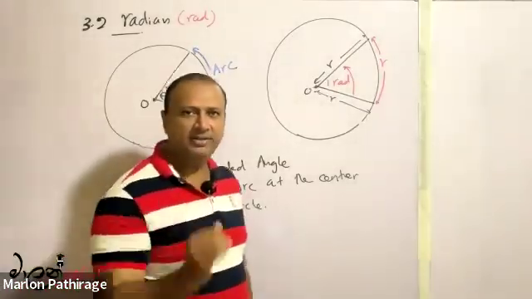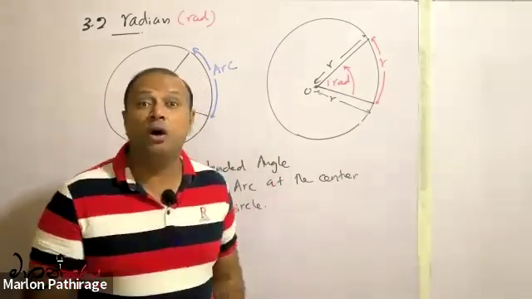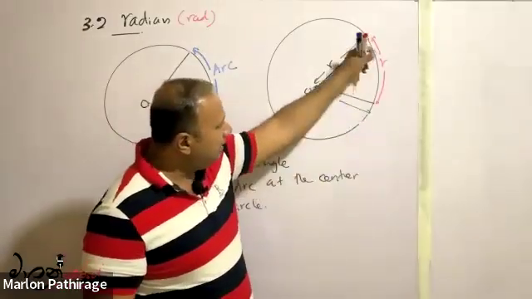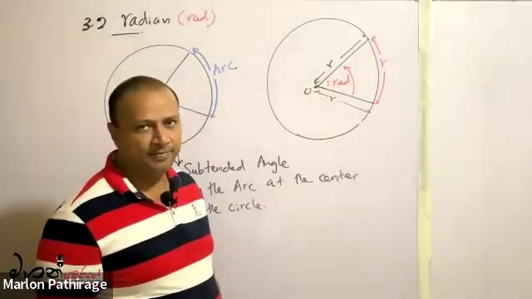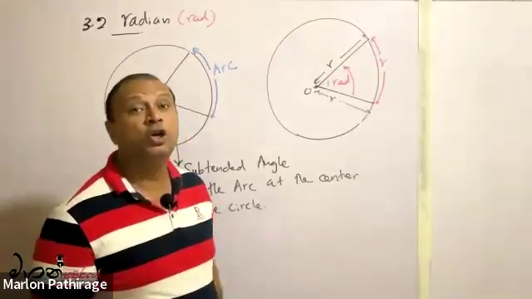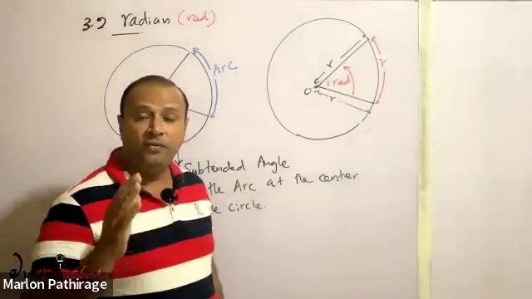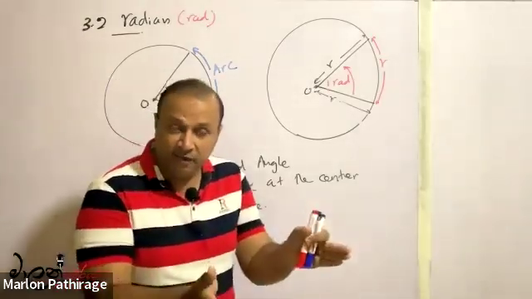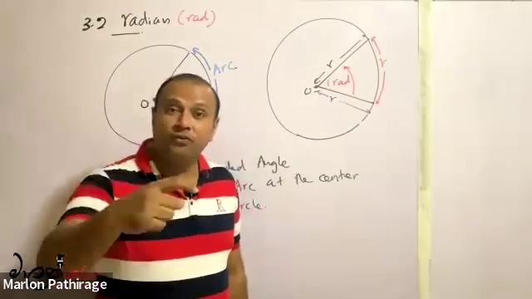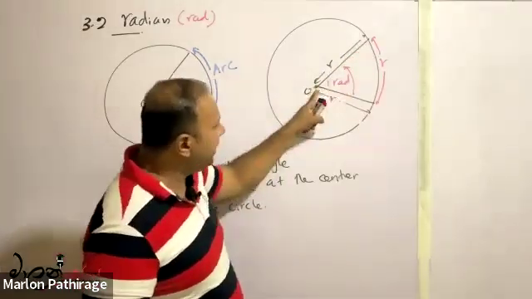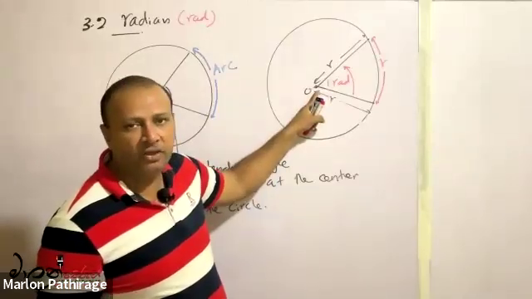Suppose now there is an arc which is equal to the length of the radius. If you take an arc which has a length equal to the radius, it will subtend 1 radian at the center of the circle.